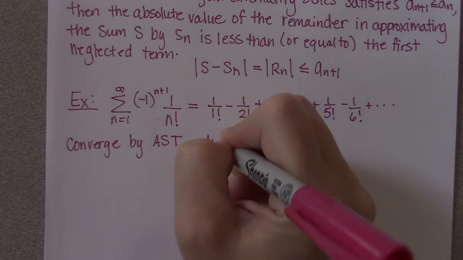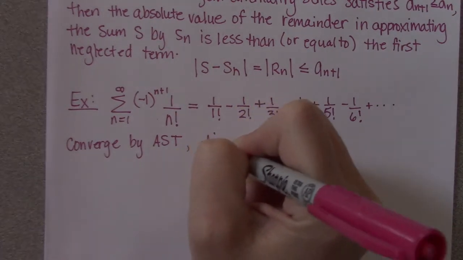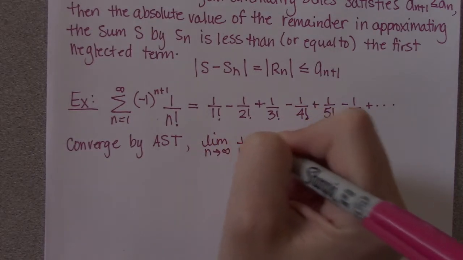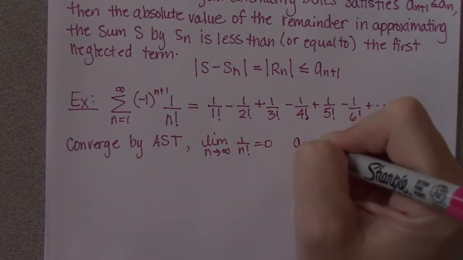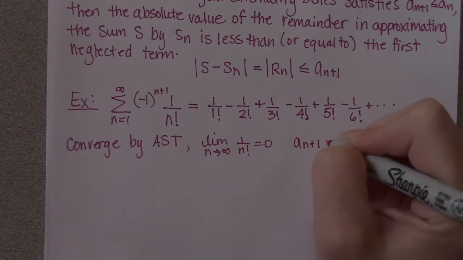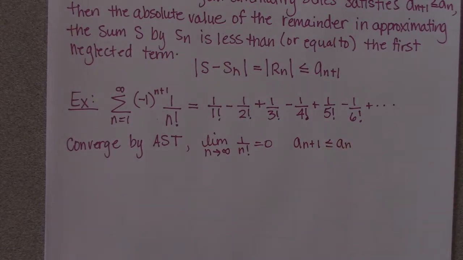The limit as n goes to infinity of 1 over n factorial is 0. And we can see by looking at the series that the terms are in fact decreasing. So we know this thing converges.